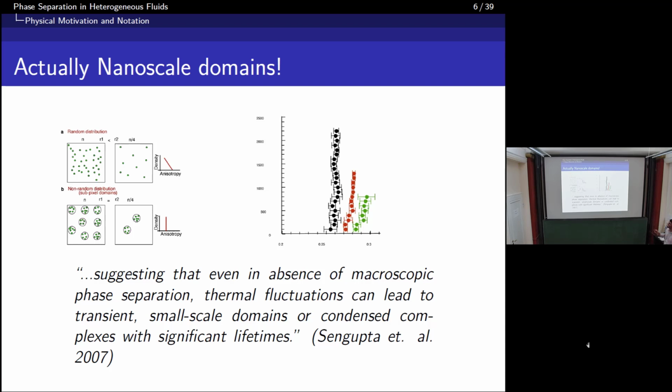They claim that if you have a random distribution, you should see a slanted line, but if you see more of these subpixel domains, you should get this straight line. And their experiments show that you get a very straight line. So these are things on single nanometer scales in cells which are 100 microns. As in the talk this morning, that's very, very tiny.